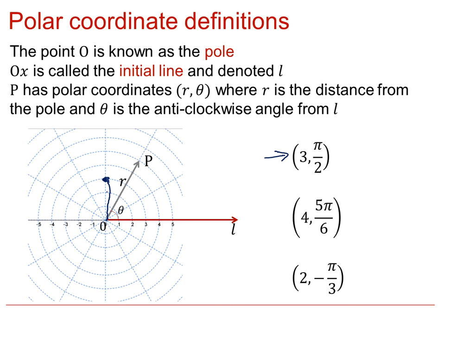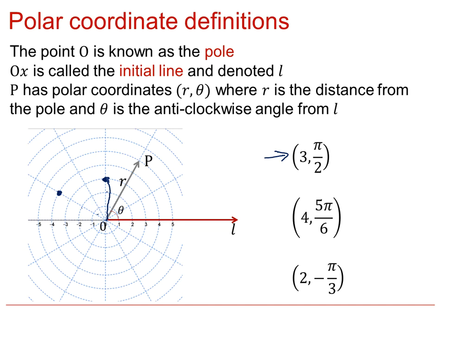Again, if we were to do the angle 5 pi by 6, given that these lines show divisions of pi by 6, we would do 3, 4, 5 and then count out 1, 2, 3, 4 to give us that point there. We don't have to draw the radius to the point.